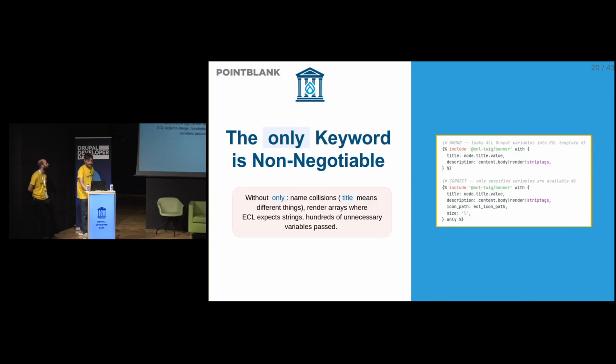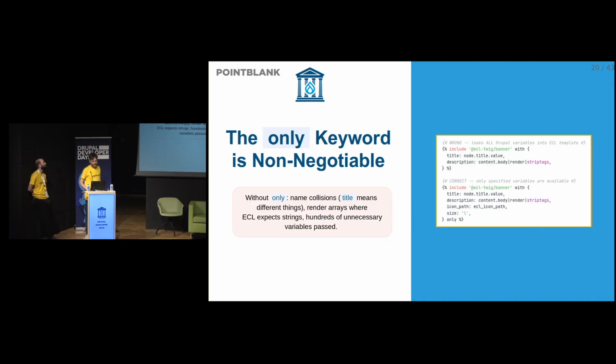So, the single most important rule when working with ECL in Drupal: every include of an ECL component must use the only keyword. Without only, Twig passes Drupal's entire variable scope into each ECL template. The ECL templates have variables like title, description, link. So does Drupal, but they mean different things.